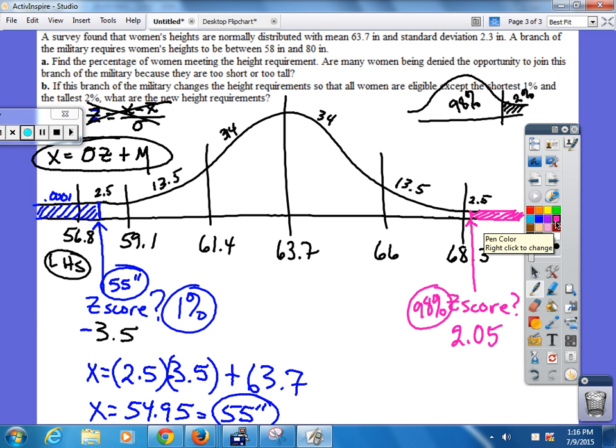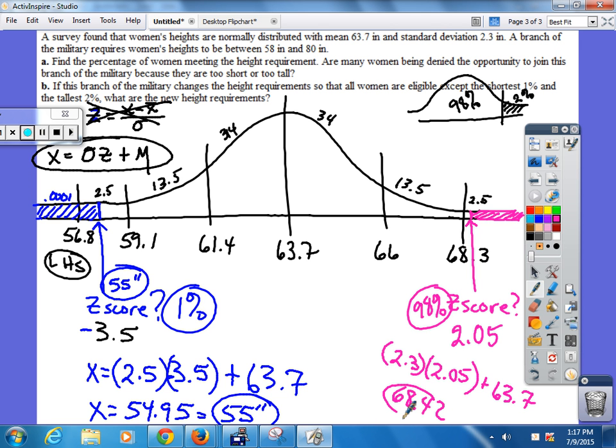So sigma is 2.3 times 2.05 plus 63.7. And 2.3 times 2.05, that's going to be 4.7. That'll be 68 something. What is it? 68.42, or 68.4 inches.